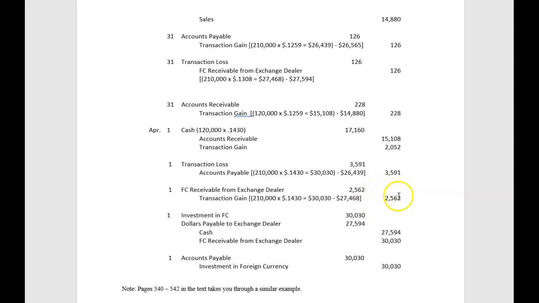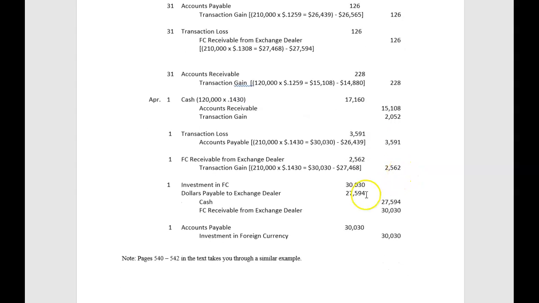So the 2562 offsets at least a significant portion of the 3,591. And then to just close everything out, we have to pay the exchange dealer $27,594 in cash to get the Hong Kong dollars.